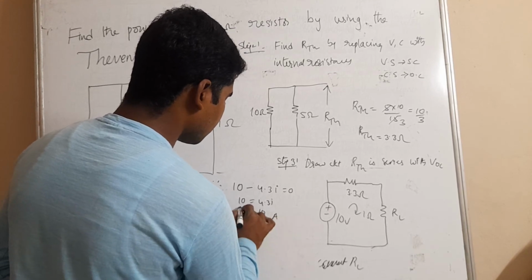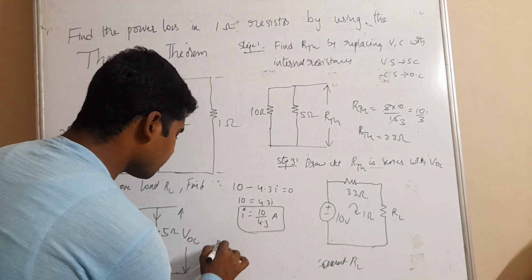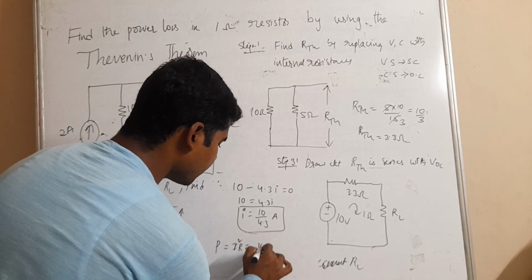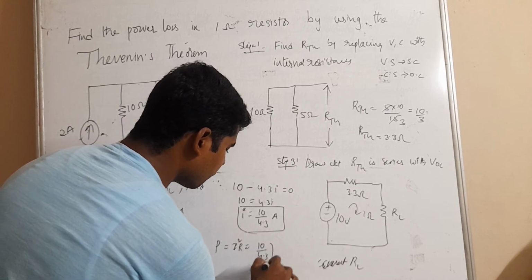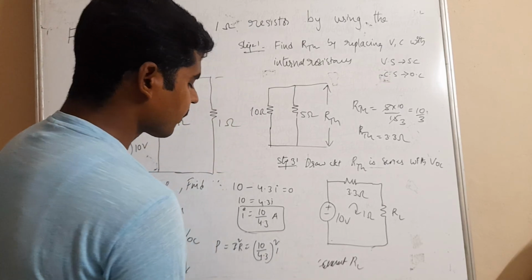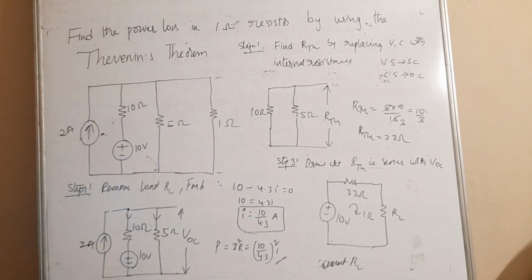So this is the current passing through the circuit diagram. If you want to find out the power loss, P is equal to I square into R. Therefore I square means 10 by 4.3 whole square into 1 only. Okay, that gives rise to, if you are finding the total value, this is the answer. So this is the power loss we are getting in the corresponding circuit diagram.